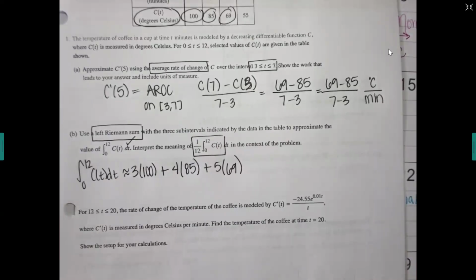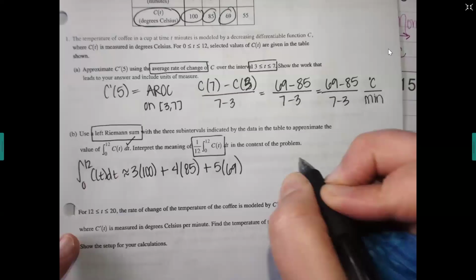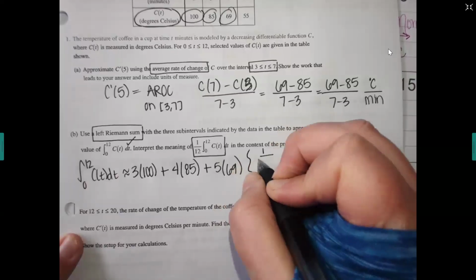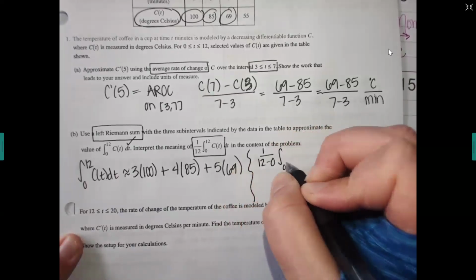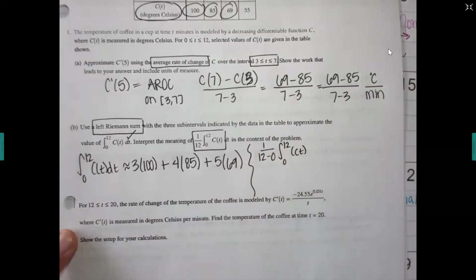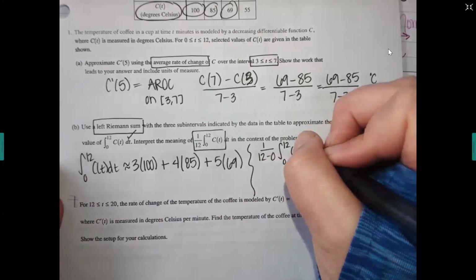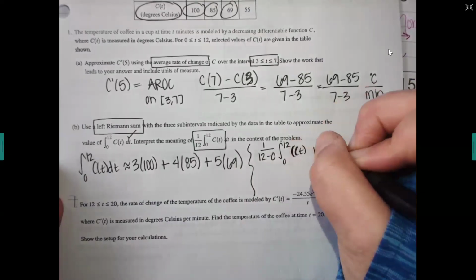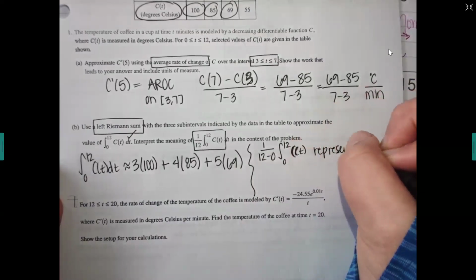Average value technically would be 1 over 12 minus 0, but obviously they're not going to put the minus 0. So let's put 1 over 12 minus 0, the integral from 0 to 12 of C of t.